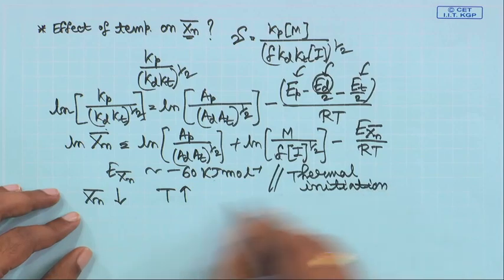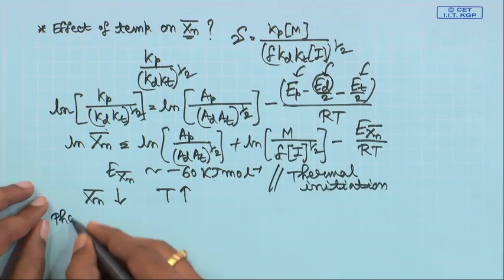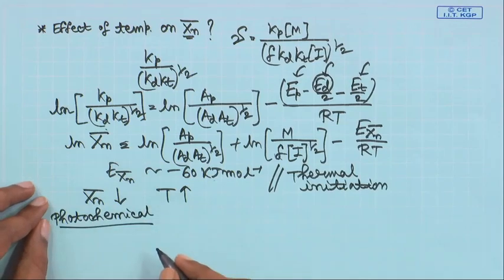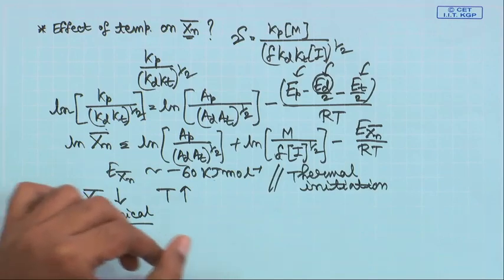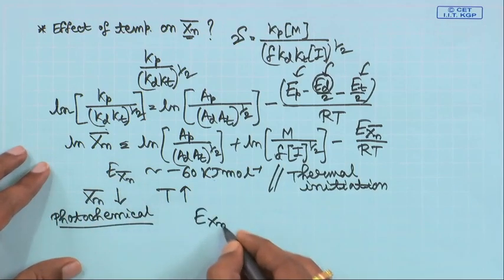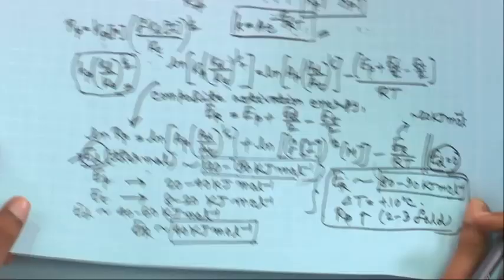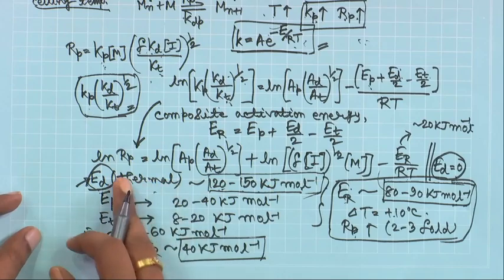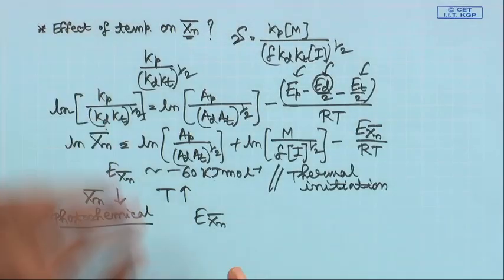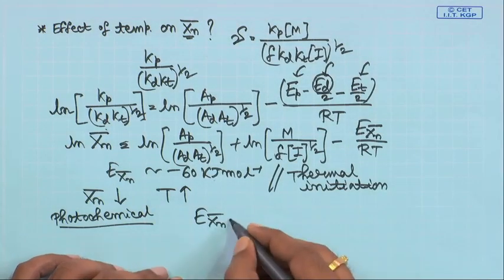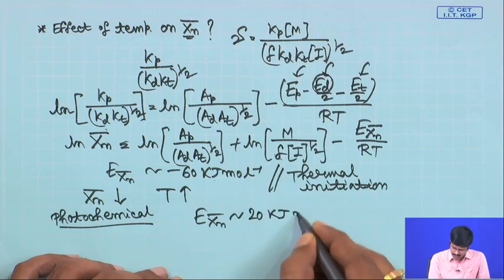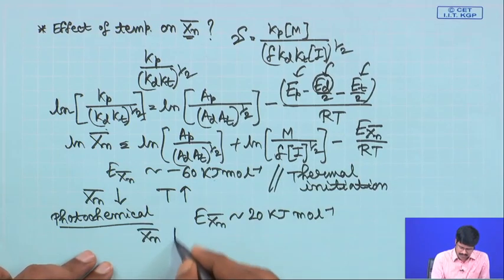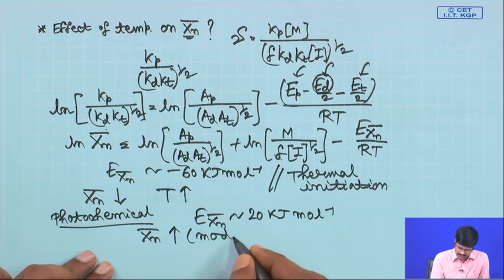If you consider pure photochemical initiation, then Ed is basically close to 0, and if you put in the other values, this comes approximately equal to 20 kilojoules per mole. So, then this term is positive. So, what happens is that Xn bar increases, but increases moderately with temperature.